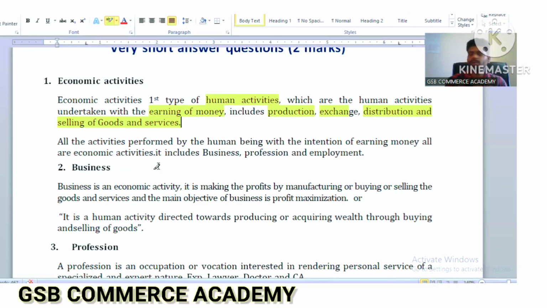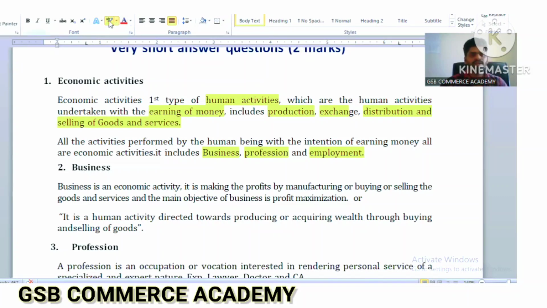Economic activities mainly include three types: the first one is business, the second one is profession, and the third one is employment. This is the first very important 2 marks question.